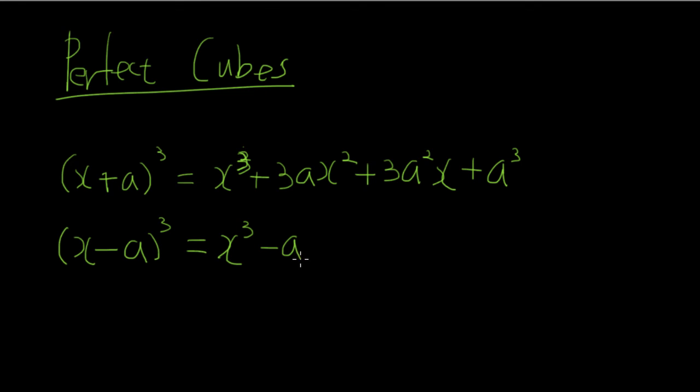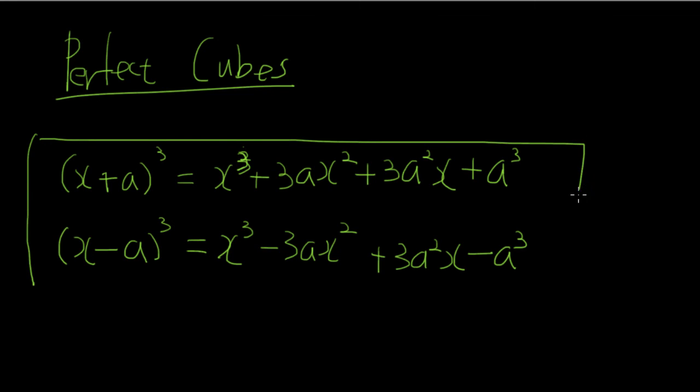Another one, (x minus a) cubed, is very similar to the first. It is x cubed minus 3a x squared plus 3a squared x minus a cubed. So this is another formula that you should definitely memorize.